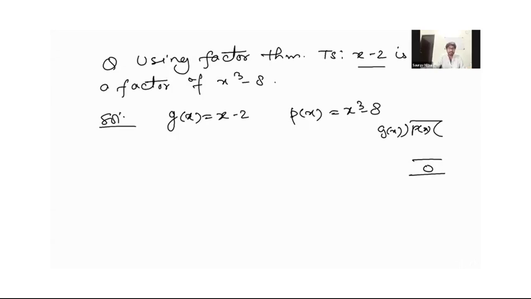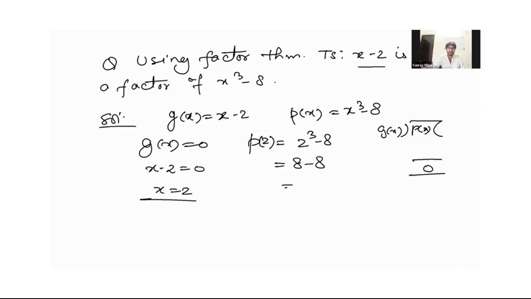If the remainder is 0, then it is a factor. First step is always put g of x equals 0. Now x minus 2 equals 0 implies x equals 2. Put the value here, p of 2, so this will be 2 cube minus 8, which is 8 minus 8, and it is 0. That means the remainder is coming as 0.